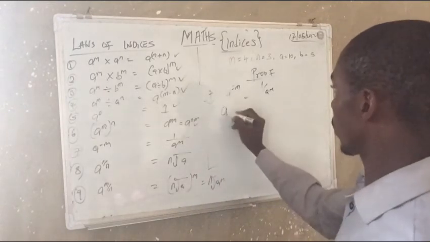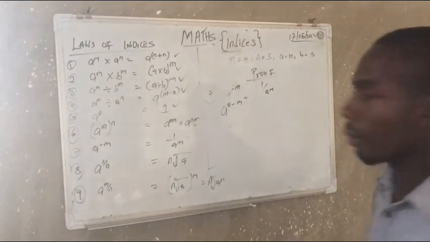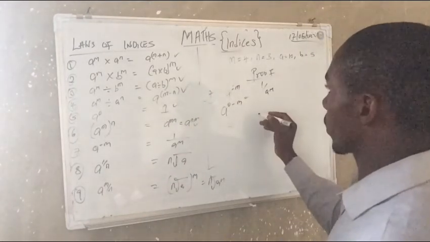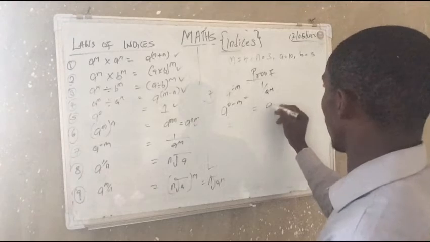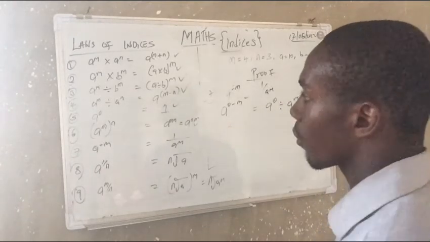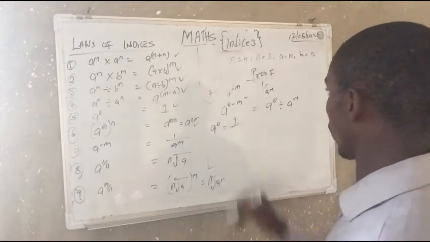So now, here is a raised to the power 0 minus what? m. 0 minus m. And from the fourth rule, we see that this is equal to a raised to the power 0 divided by a raised to the power m. And from the fifth rule, we see that a raised to the power 0 is equal to what? 1.